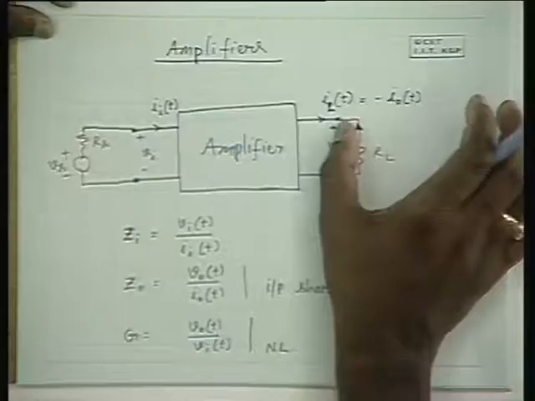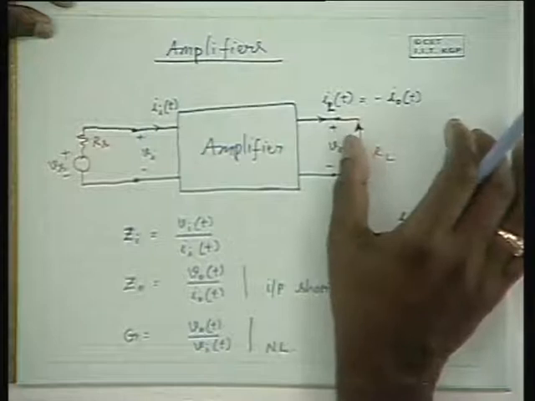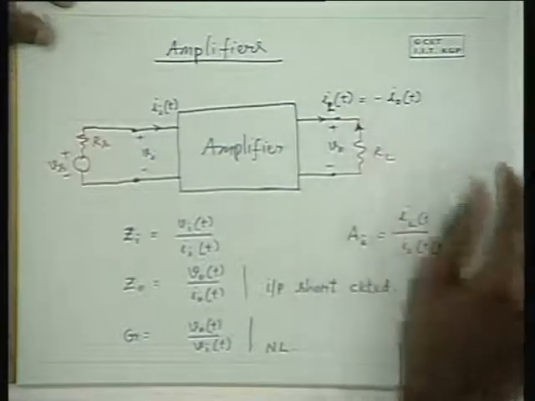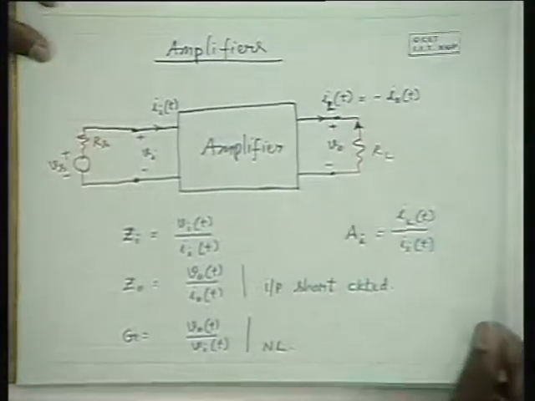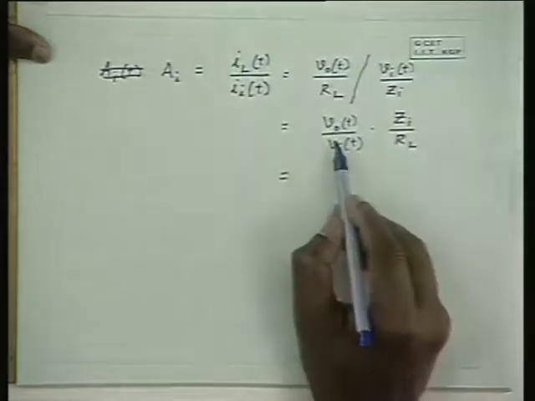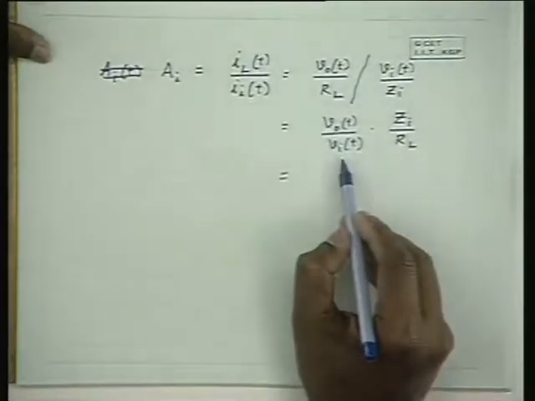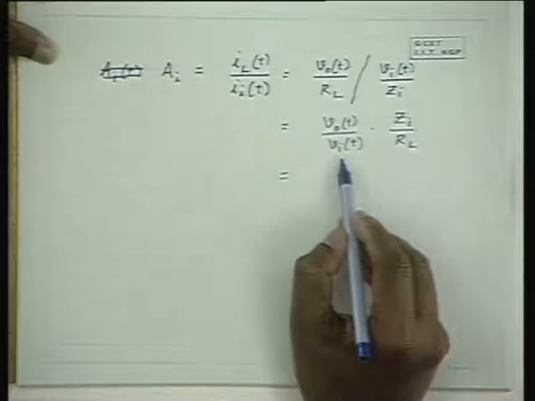So, Vo by RL is equal to IL under loaded condition. Therefore, Vo/T by Vi/T is the gain when the load is included.